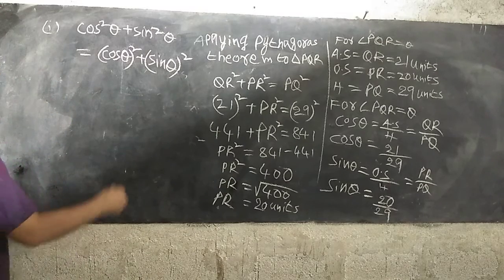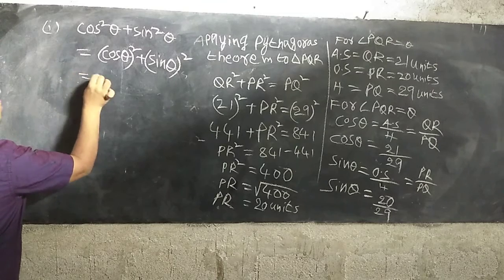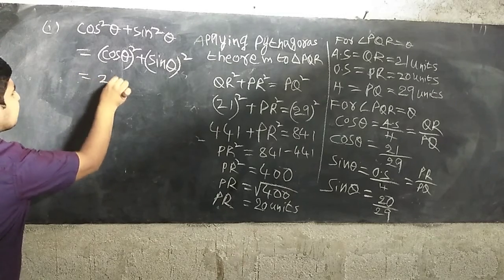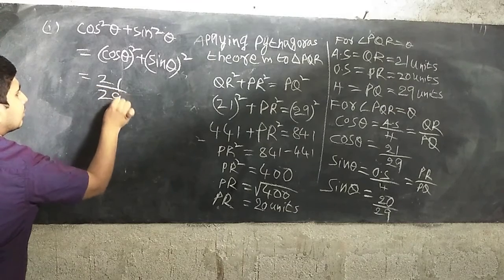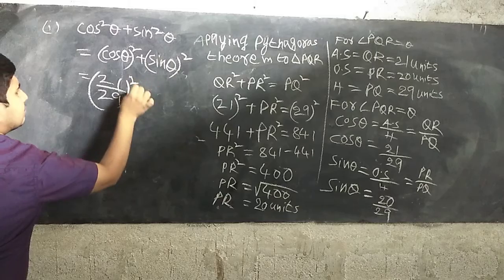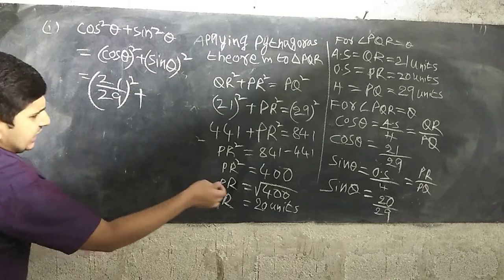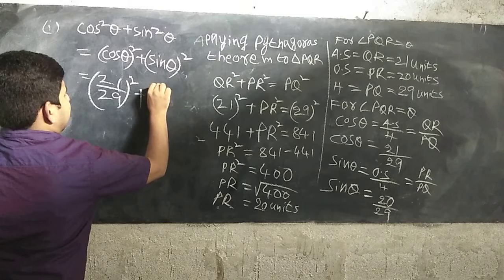Substitute the values. 21 by 29 whole square plus sin theta. What is sin theta? 20 by 29 whole square.